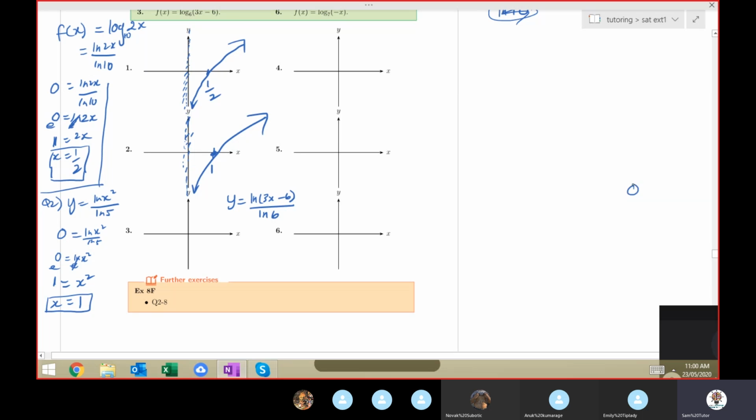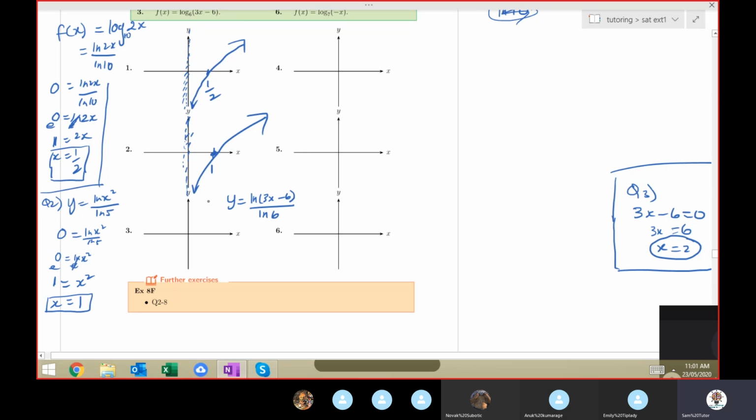And then question 3 here. You can't have log of 0. So what your logic will be is, well then if I can't have 0, I'm going to solve the inside equal to 0. And then I understand that the critical value now is at x equals 2.